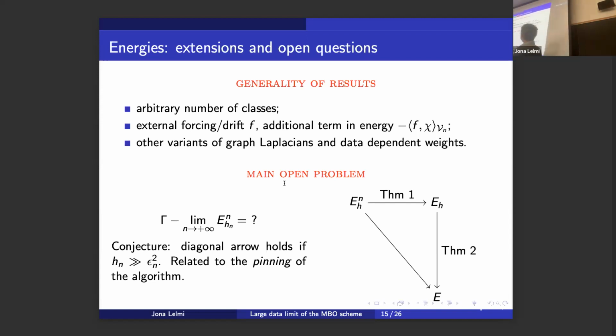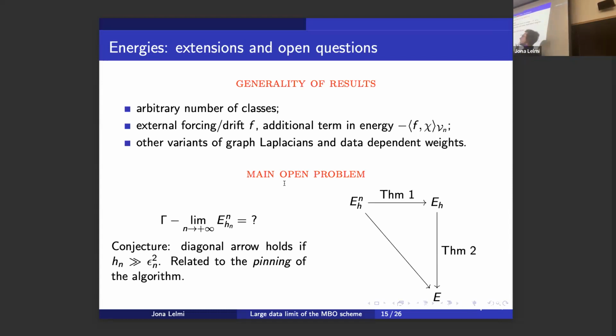The problem is that these limits are taken disjointly. What we would like to understand is what happens to these energies when you consider a sequence of step sizes h_n converging to 0 as the number of data points goes to infinity. So you would like to have this sort of diagonal limit.